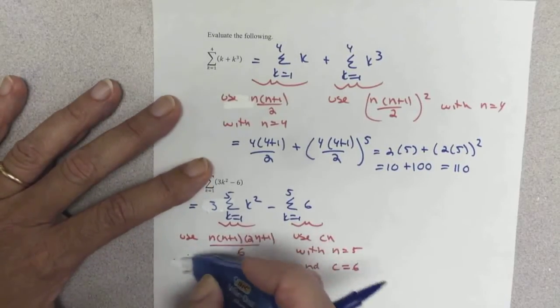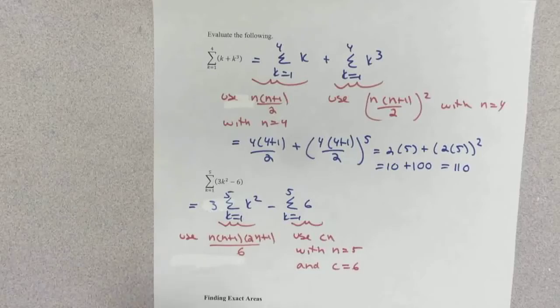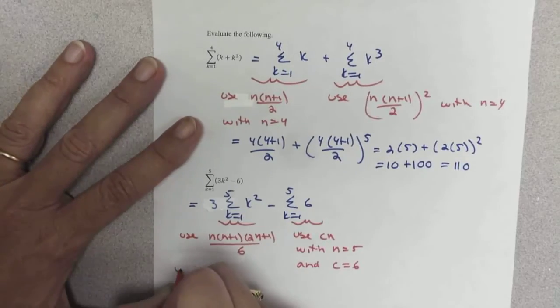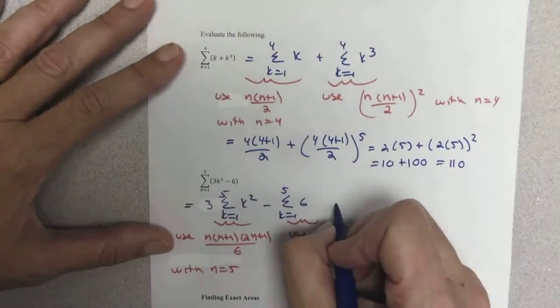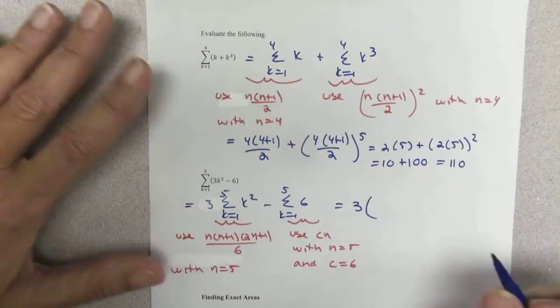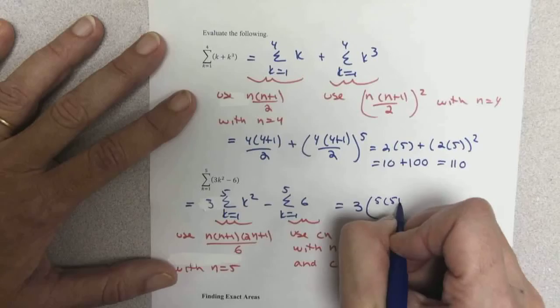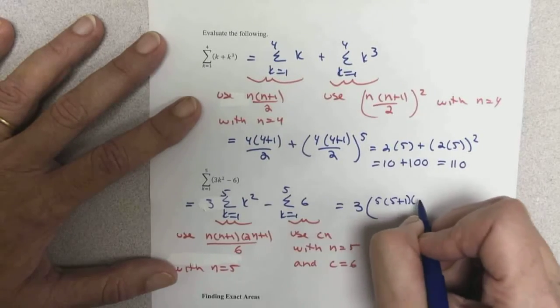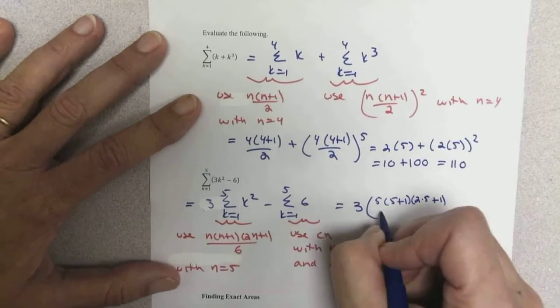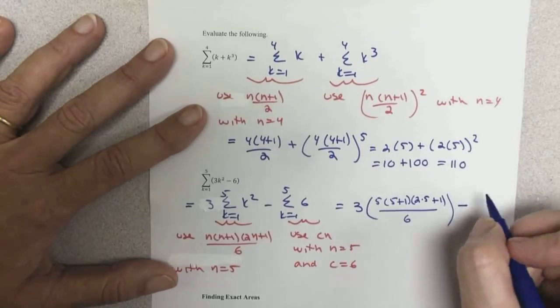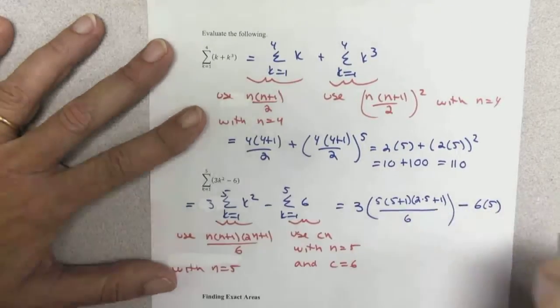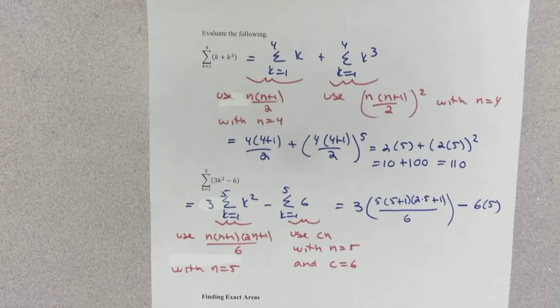Make that a little bit neater. So this becomes 3 times 5 times 5 plus 1 times 2 times 5 plus 1, all over 6, minus 6 times 5. And then it's arithmetic time.